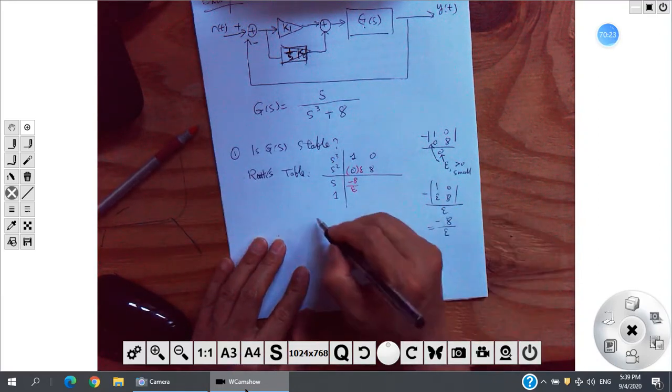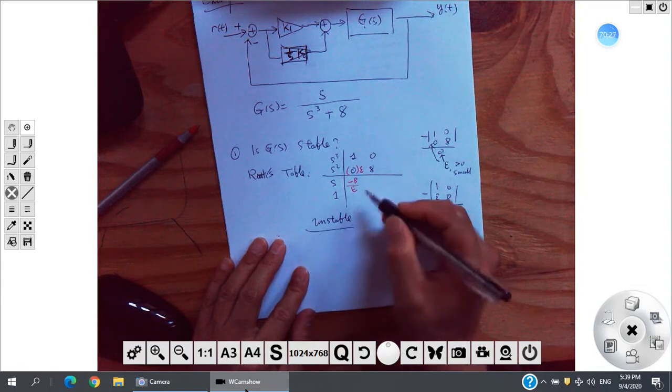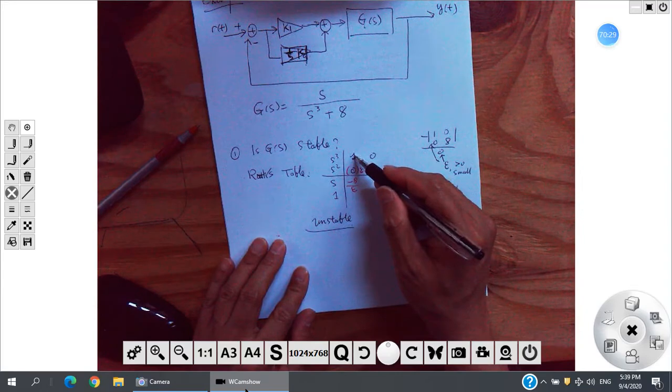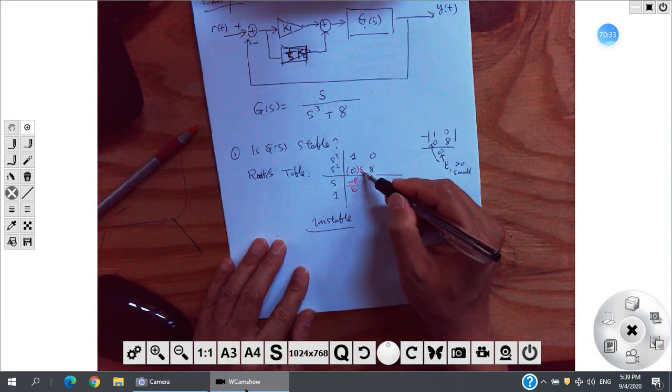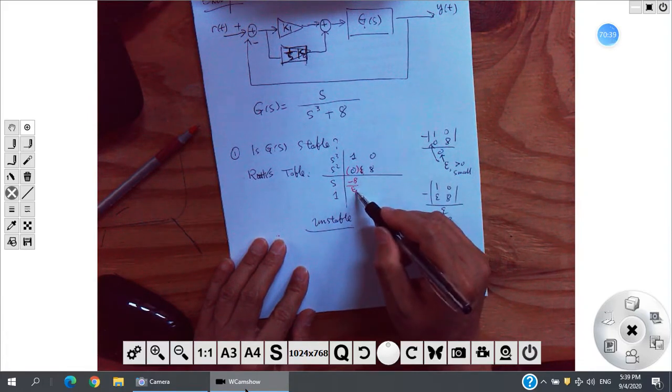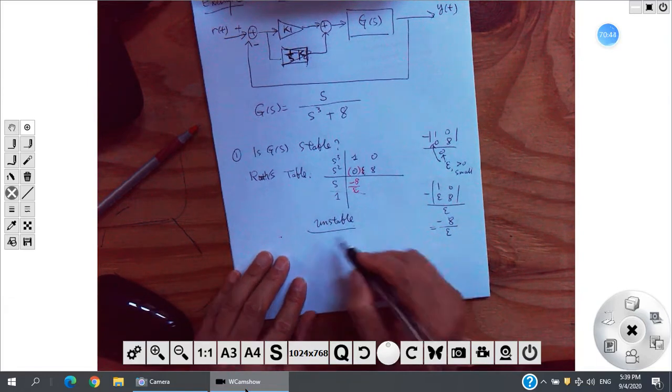Unstable, because this is negative, right? Positive, you can think 0 is also positive. It is a very small number, but positive. But the next is negative, so you already know it's unstable.